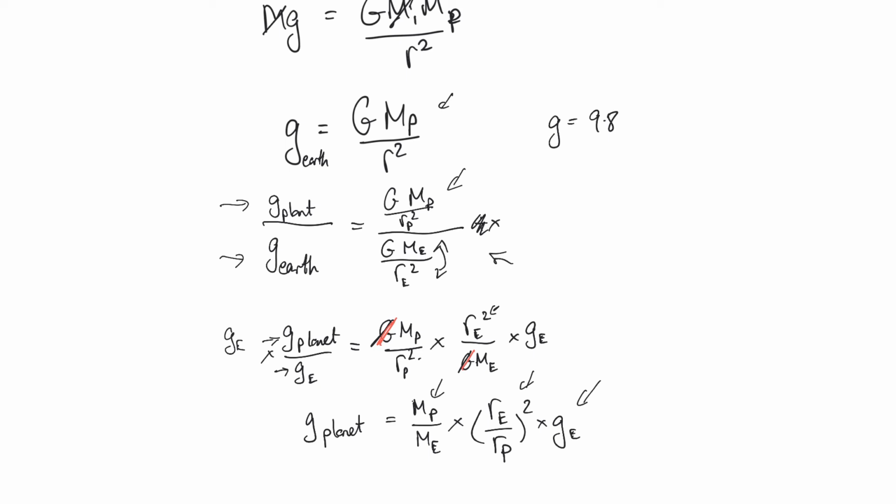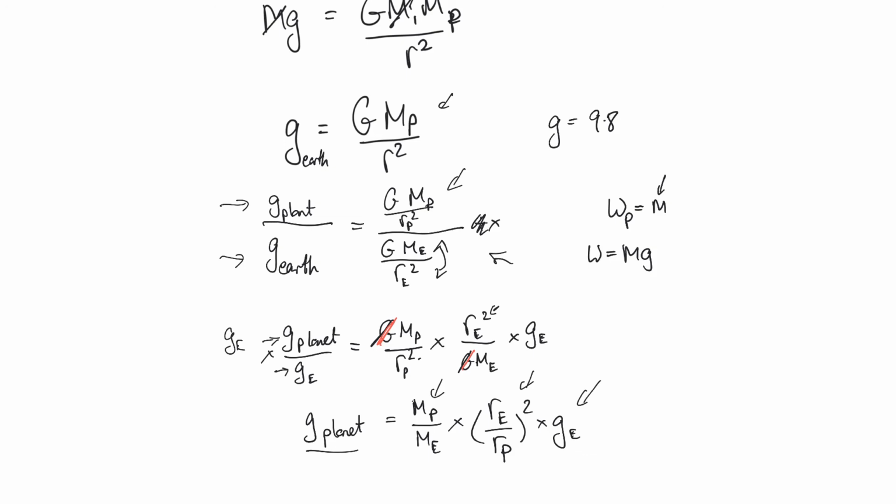If we're not sure where to go, this is a way that you can get to the gravity of the planet. The other way is to rely on being given the weight of an object on that planet, and then using the weight equation. If you know the mass of that object, the mass is the same all around the solar system.